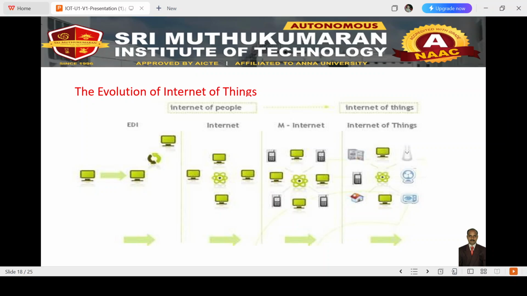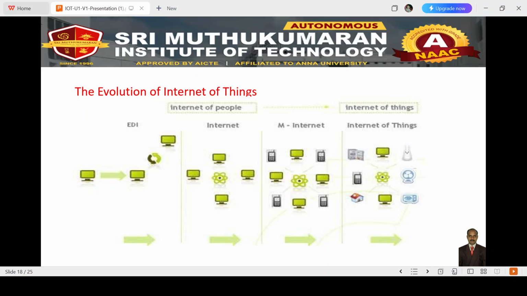Evolution of IoT means, very long before, when Ethernet device interconnection was there, it was only within the premises, only within the building, and the computers were connected together in those days initially. Then later on, when the internet came into the picture, all the computers placed anywhere in the world made a connection through the concept of IP addresses.